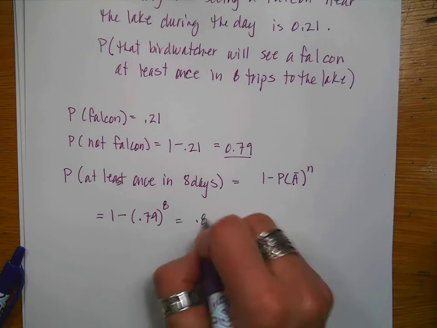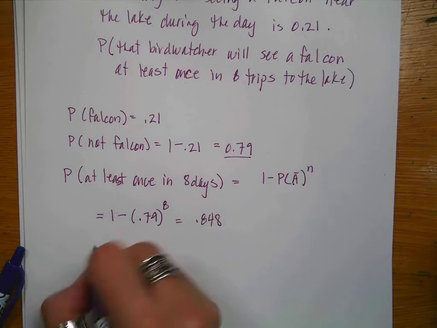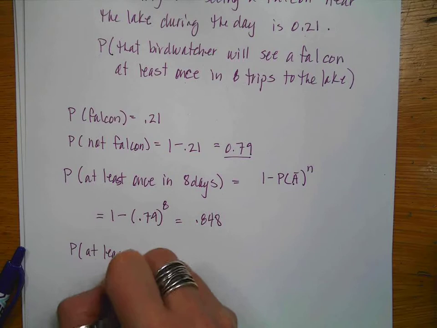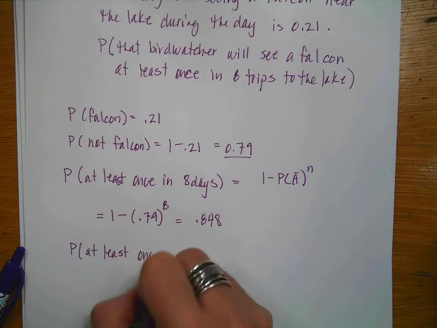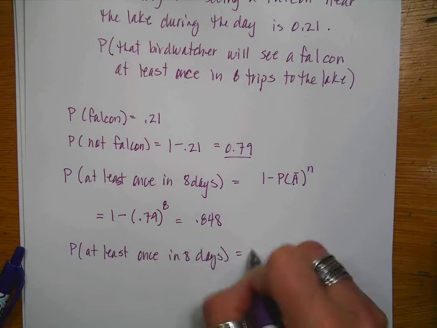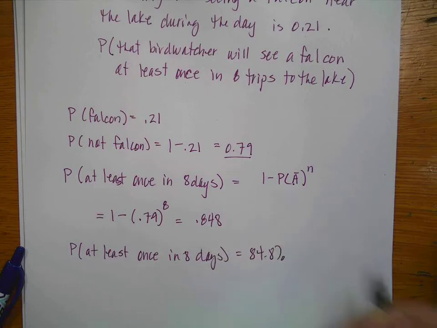So when you put this in your calculator, you need to be careful that the 8 goes with your 0.79, and you're going to get 0.848. So the probability of seeing a falcon at least once in 8 days is 84.8%. Okay, so there's an 84% chance that we're going to see a falcon in those 8 days.